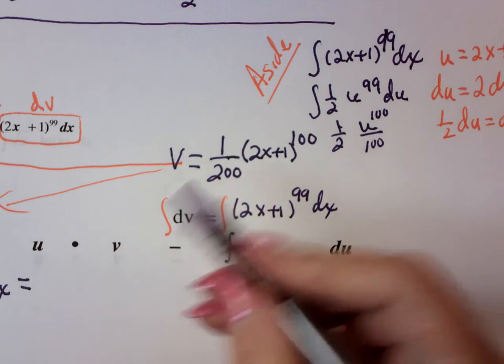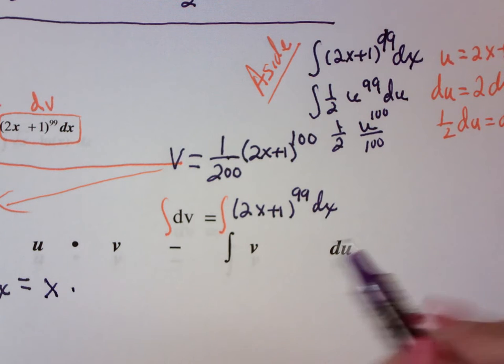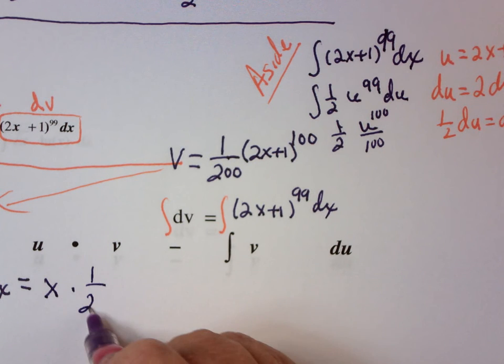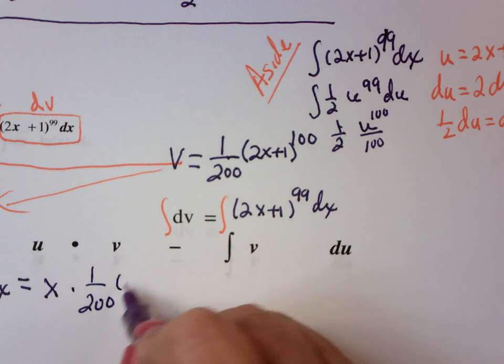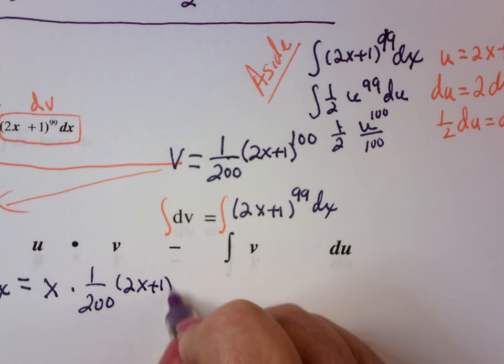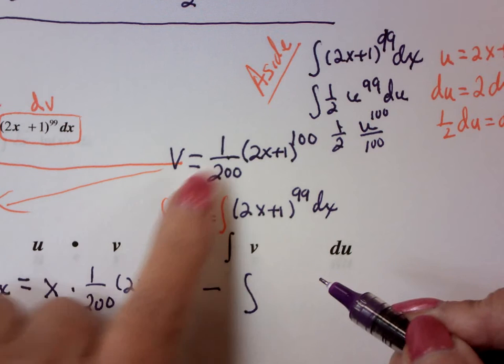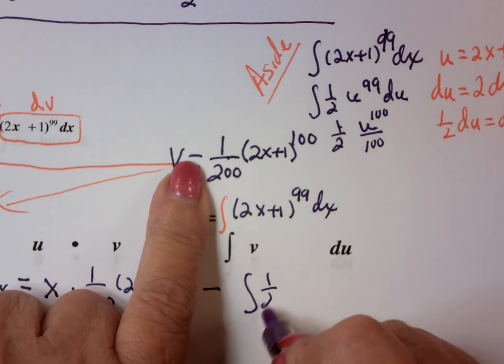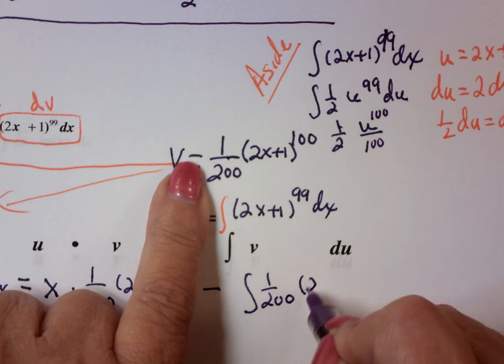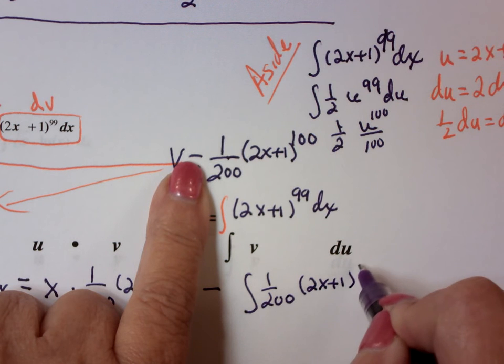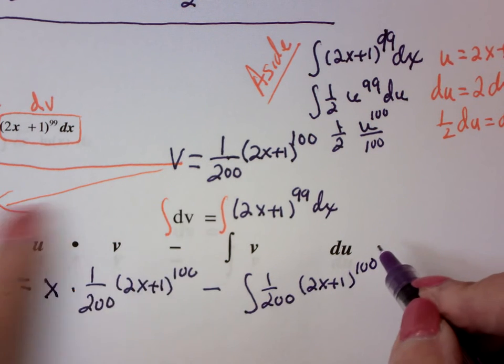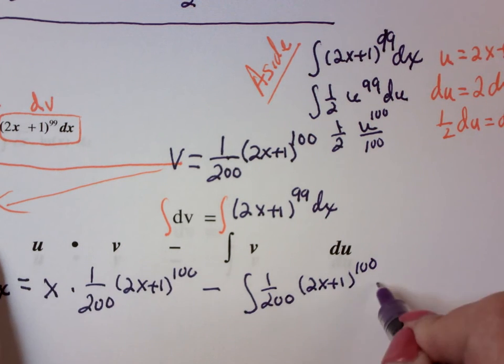So it's u times v minus the integral of v du, and du is just dx.